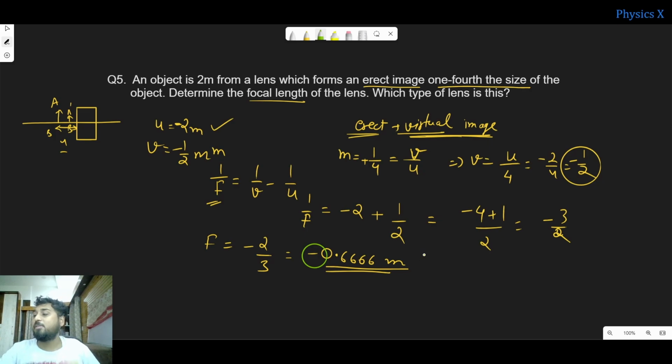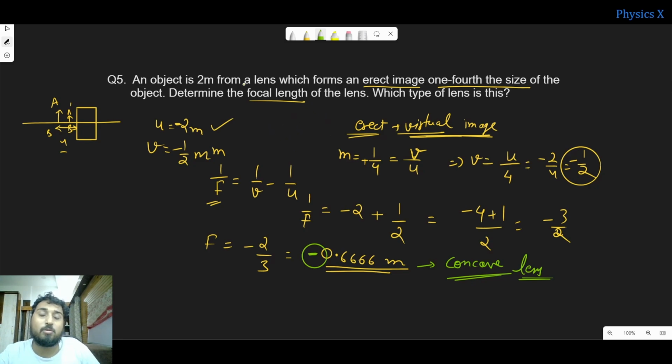So negative sign means what? It is a concave lens. So the sign of the focal length is giving you the type of lens. You can draw the ray diagram also.